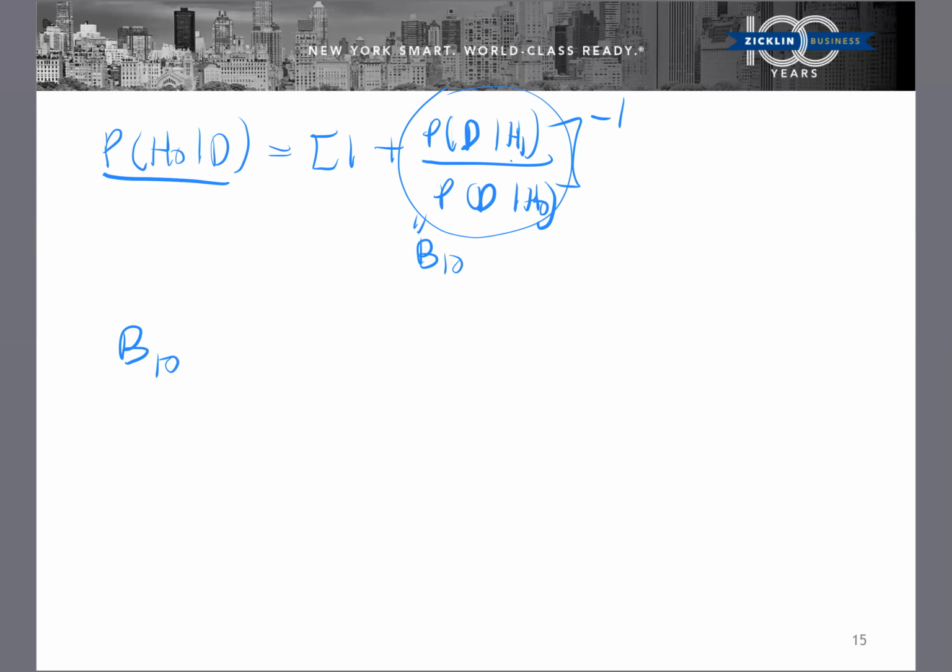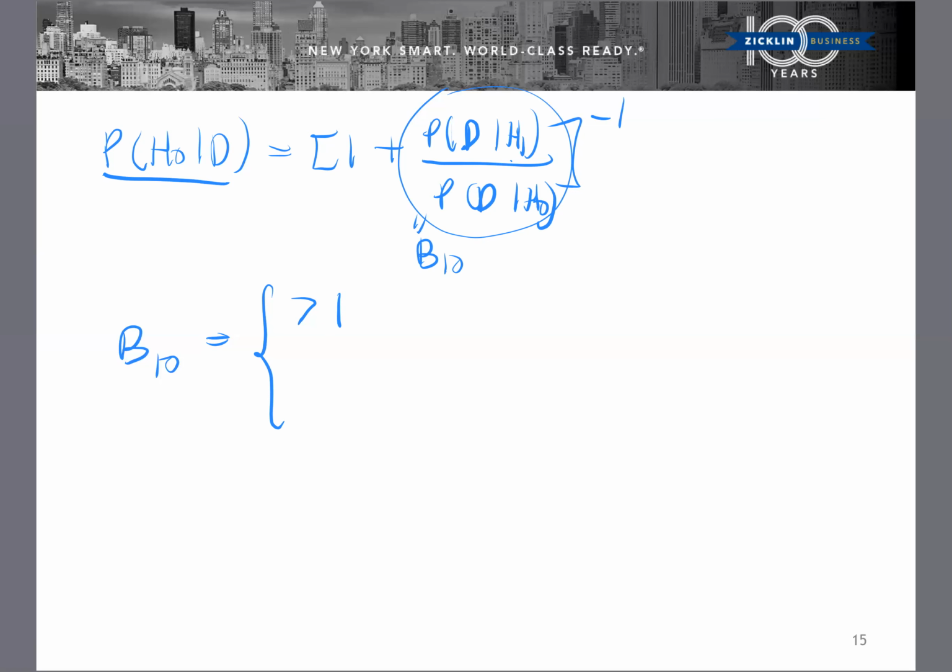Okay, so if this is greater than 1, what does that mean? H1 is supported more strongly by the data than H0. Absolutely right. So that means that the data are more likely to have arisen under the alternative than under the null. This is probability of the data under H1. This is probability of the data under H0.